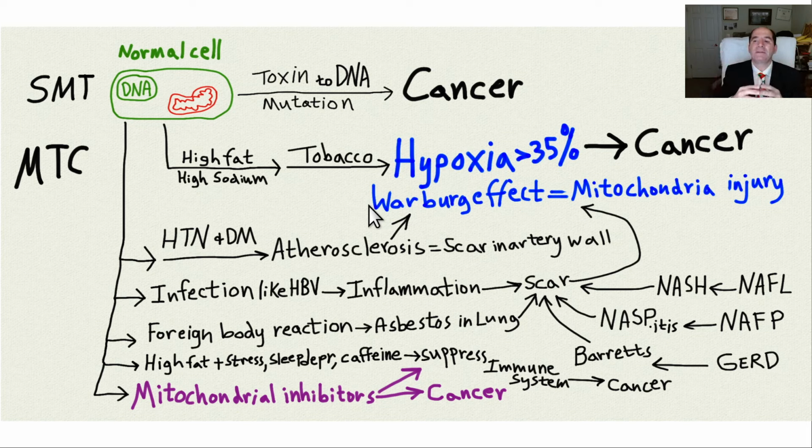So the point being is, despite the fact Papua New Guinea and Japan were smoking like chimneys, in Papua New Guinea, for example, they had over 6 times less lung cancer than Americans. The Japanese had dramatically less lung cancer than the Americans as well. And what I'm saying is it's because of the low-fat diets. They're not getting as much hypoxia, even though they smoked even more than the Americans. That's pretty interesting, okay?